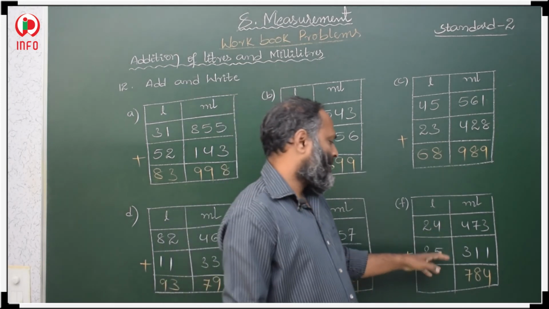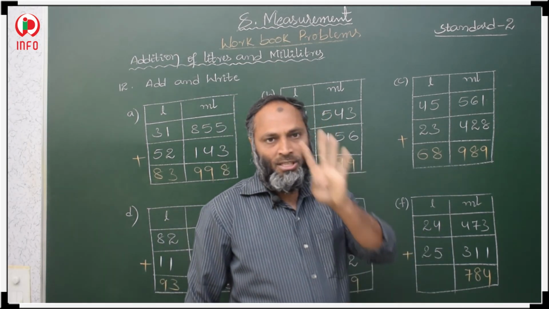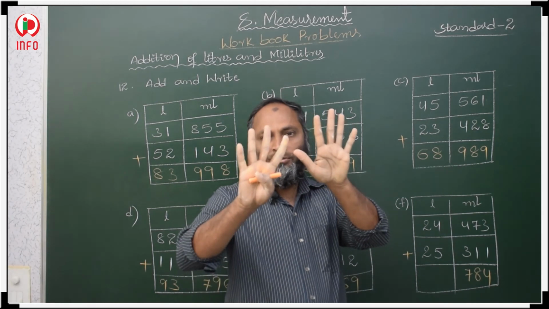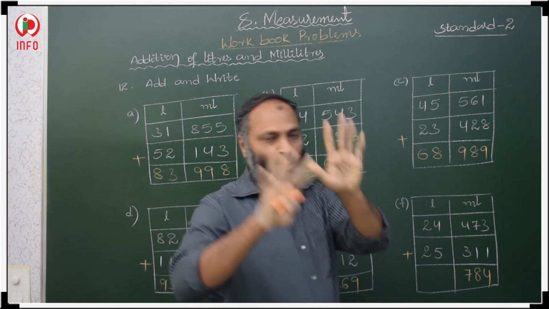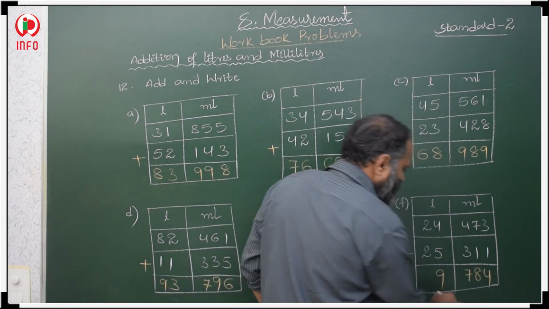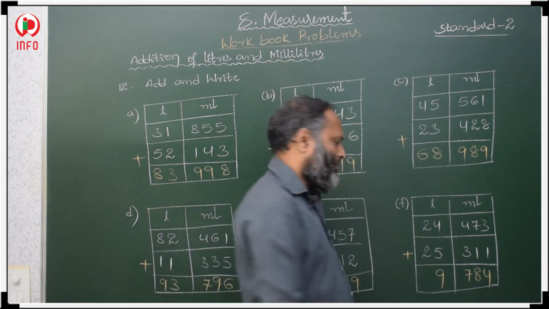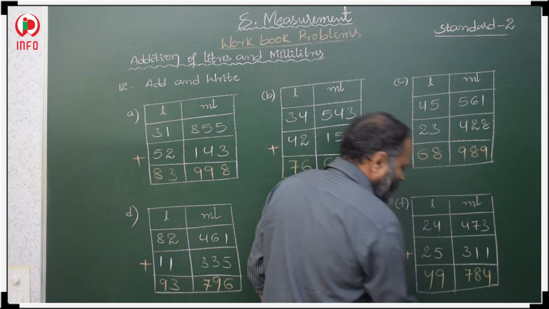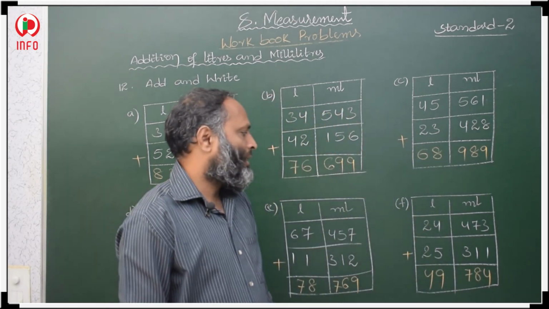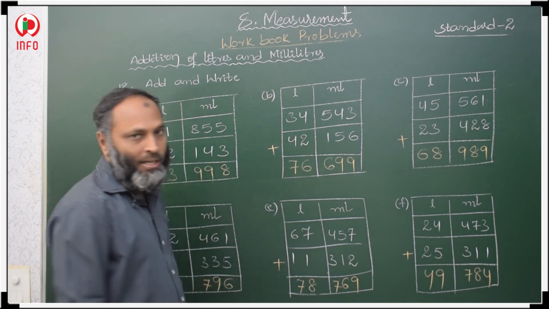Then the liters part. 4 plus 5, 9. Then after that 2 plus 2, 4. 49 liters, 784 milliliters. So this is the addition. Okay.